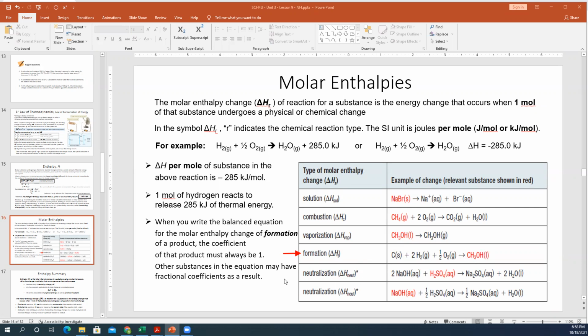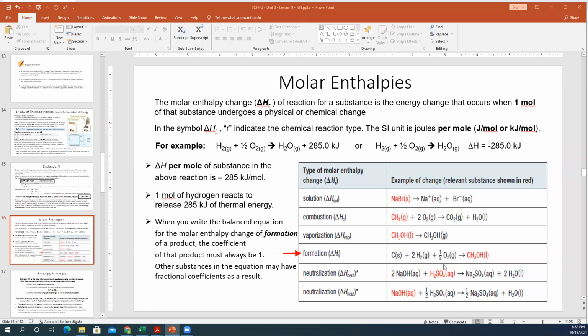It can be a neutralization reaction. For example, it can have 2 molecules of sodium hydroxide reacting with 1 molecule of sulfuric acid to neutralize, to give this sodium sulfate salt and water. And that will have 1 value. And that would be the neutralization of H2SO4.